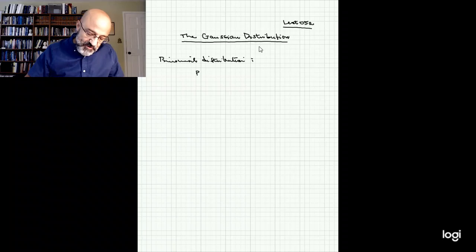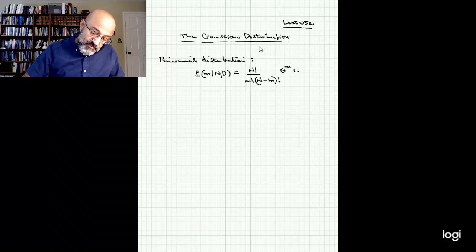The binomial distribution says that if you toss a coin n times, each with probability theta, then the probability of m heads is going to be given by a binomial coefficient, and then this factor, theta^m (1 minus theta)^(n minus m).